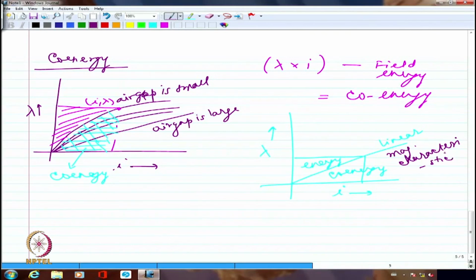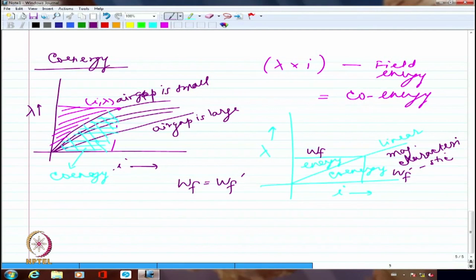If I call this WF and this WF dash, then WF will be equal to WF dash if I am talking about a linear magnetization characteristic.